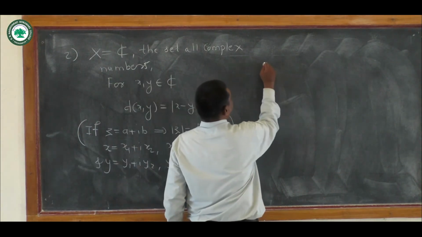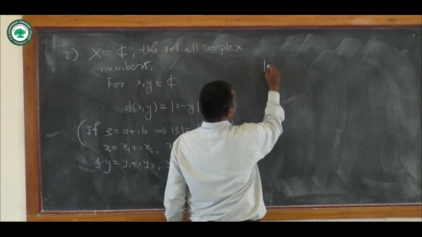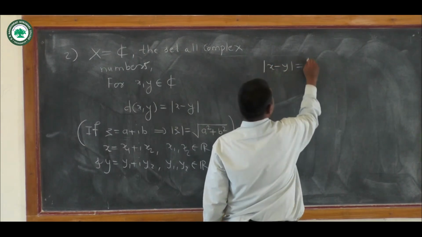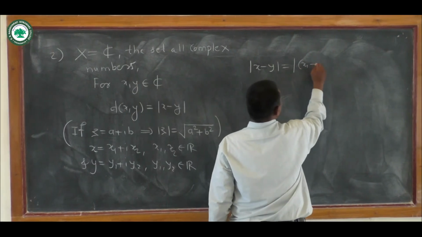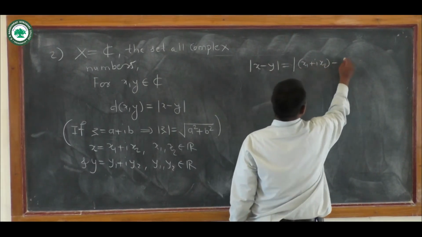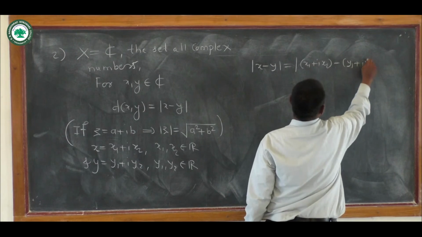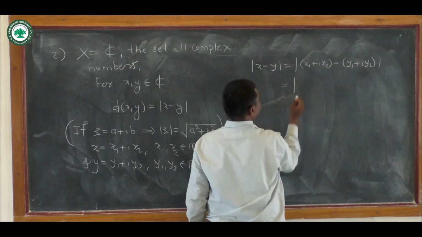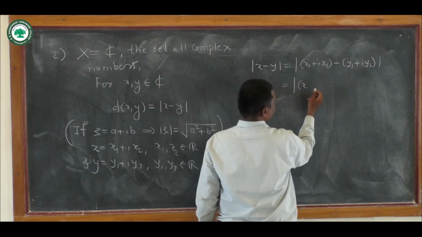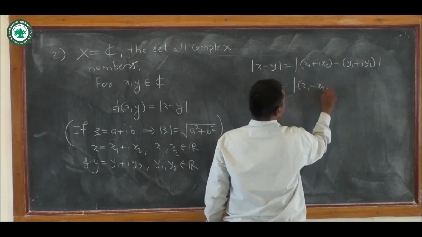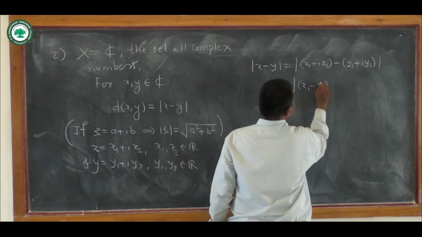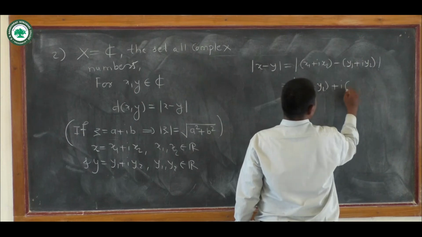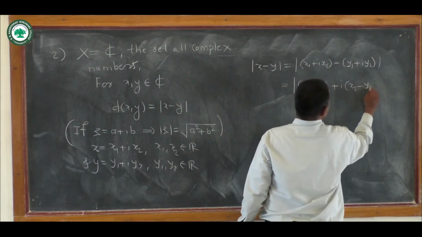Then the absolute value or modulus of x minus y is equal to x1 plus ix2 minus y1 plus iy2, where i is the imaginary unit. So we write the absolute value of x1 minus y1 plus i times x2 minus y2.